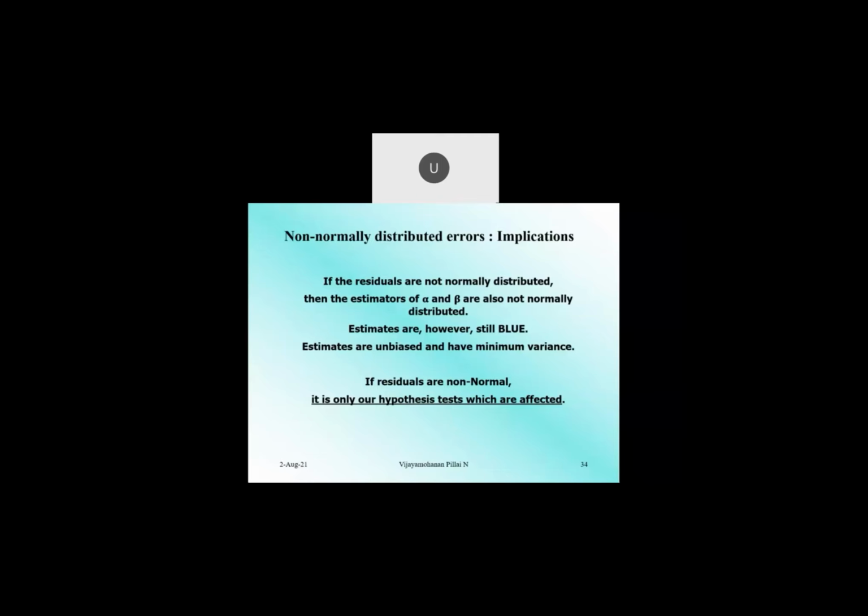Now, what are the implications of non-normally distributed errors? If the residuals are not following the normality assumption, then the estimates of alpha and beta are also not normally distributed. But remember, the estimates that we get from OLS are still BLUE, because this particular assumption is not essential for estimation.